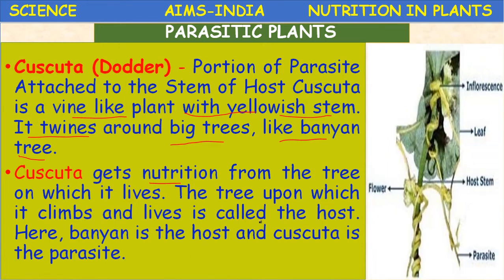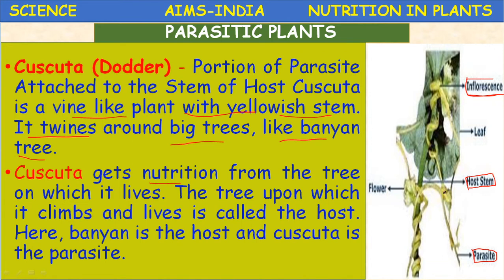Okay, what is a host? The host of the Cuscuta plant, if you see in the picture, is the host stem, and the flowers produced by this Cuscuta, a bunch of flowers, are called an inflorescence, and this is the parasite, yellow in color. What is the characteristic feature of this Cuscuta? It is a vine-like plant with a yellowish stem.